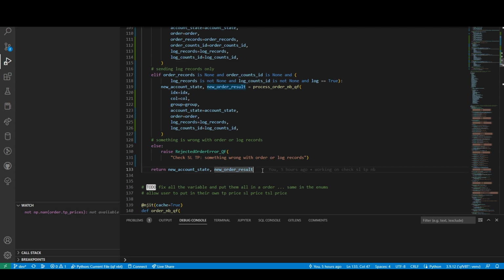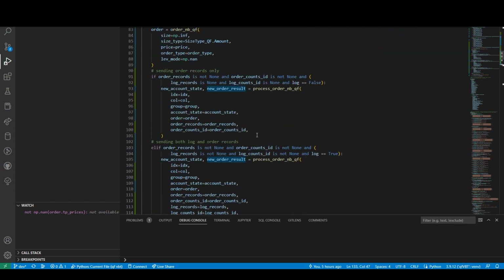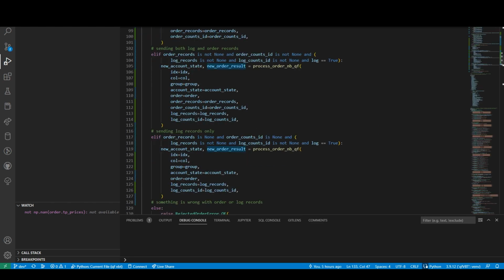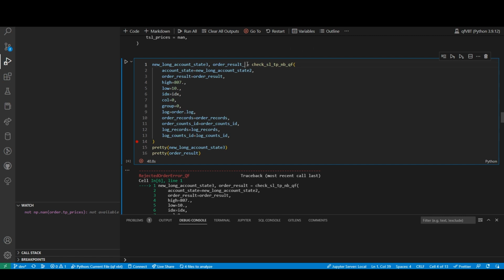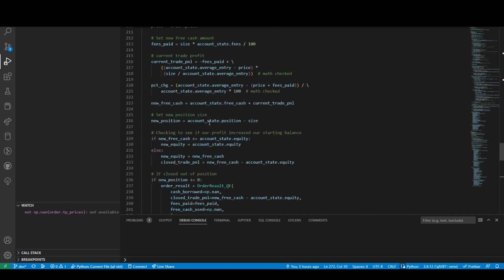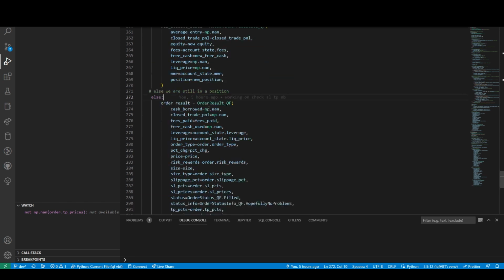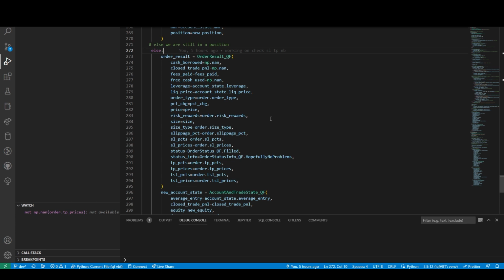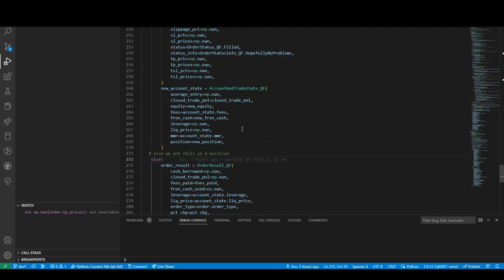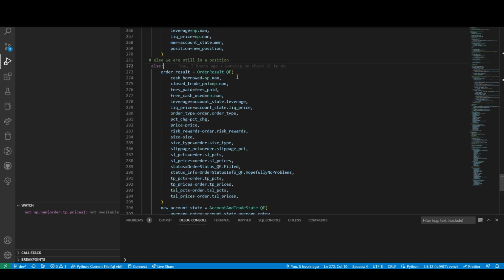I think it's fine to change the name of this, I think. Because we don't really want to change anything in the order result.